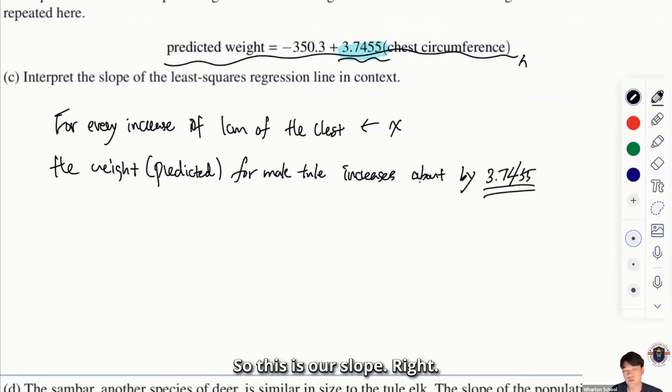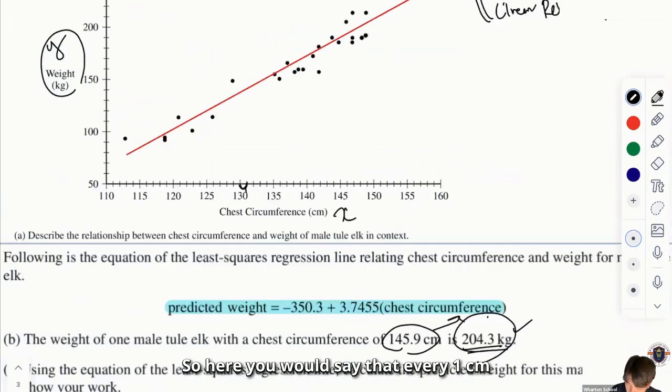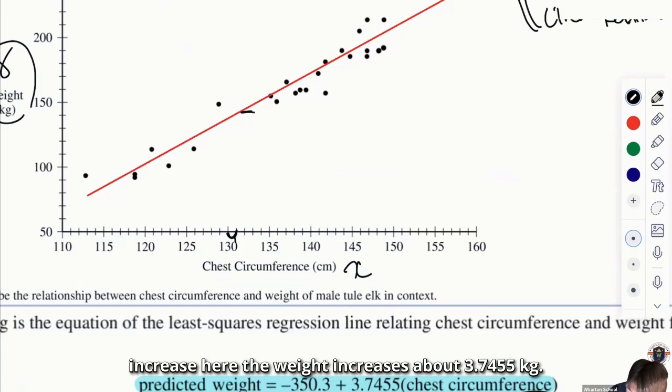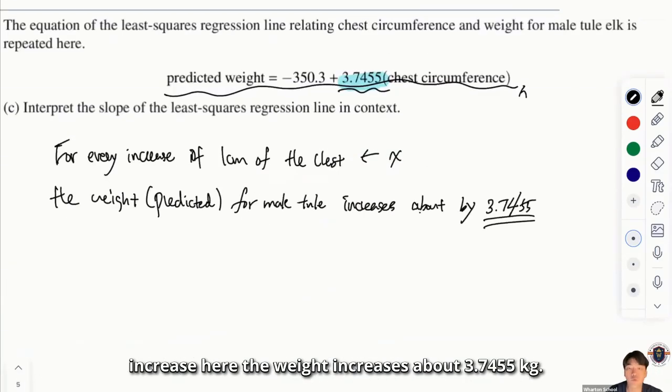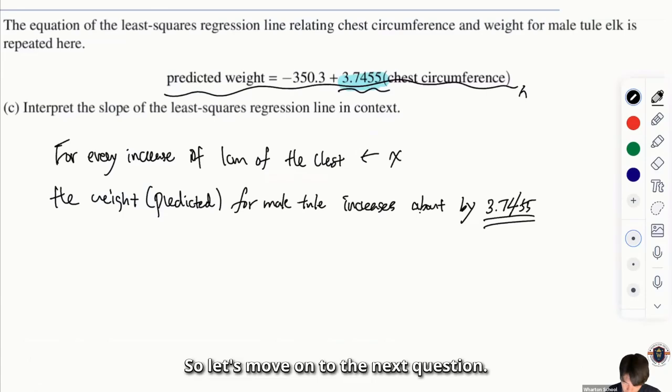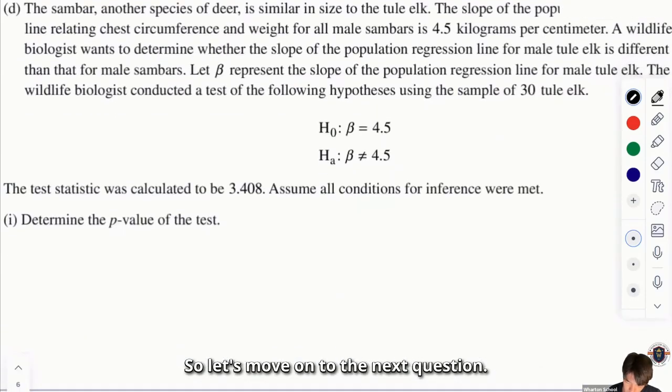So this is our slope. Here you would say that for every 1 centimeter increase, the weight increases by about 3.7455 kilograms.